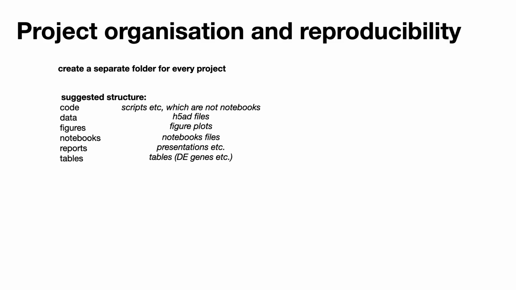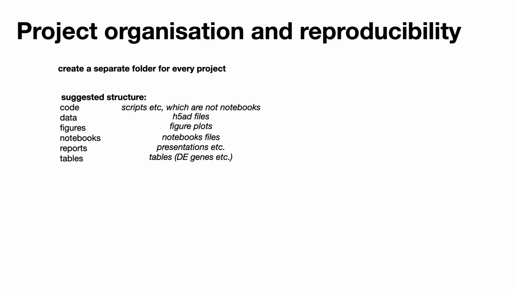Data is usually all H5AD files that you created during your analysis. In the figures folder, you can have all the figures that you created in the course of your analysis. Notebooks is notebook files, so I used Jupyter Notebooks.